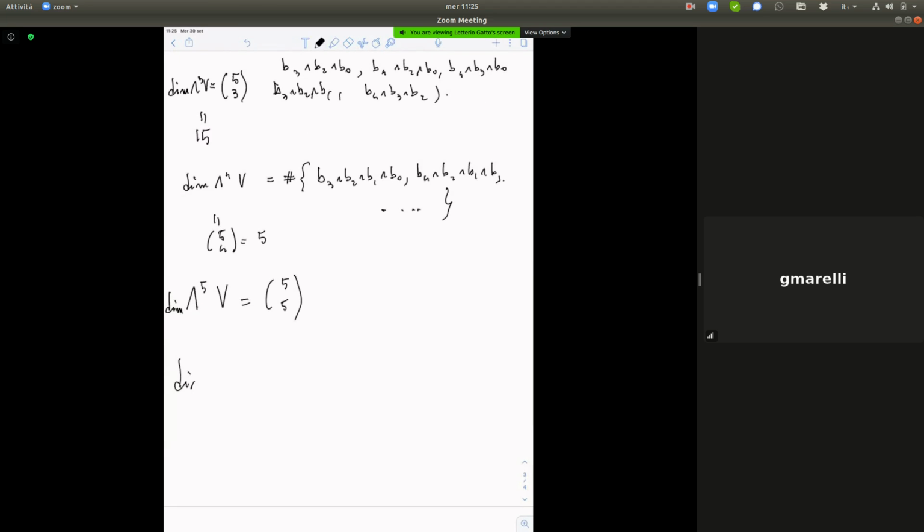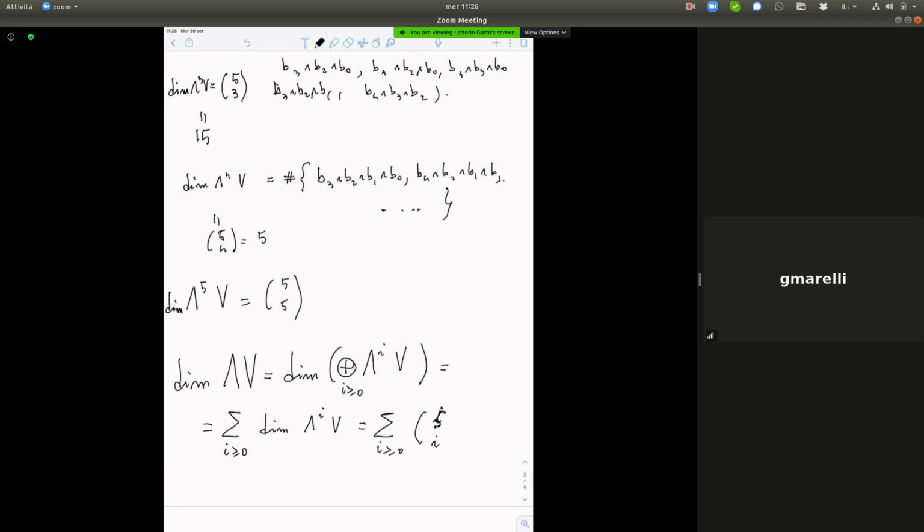So the dimension of wedge V is the dimension of the direct sum of wedge iV, for i bigger or equal than 0, which is equal to the sum over i bigger than 0 of the dimension of wedge iV, which in this case is the sum of 5 choose i.